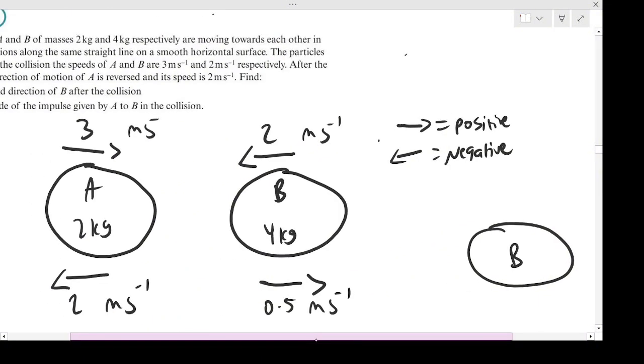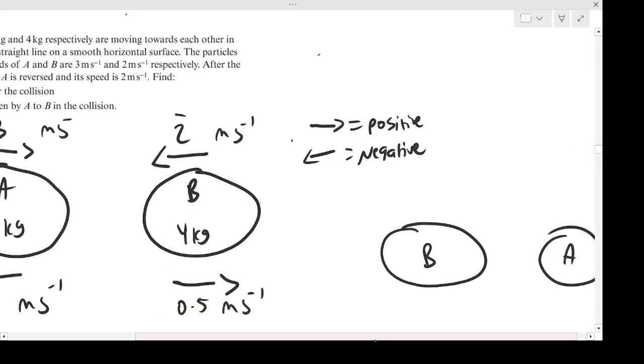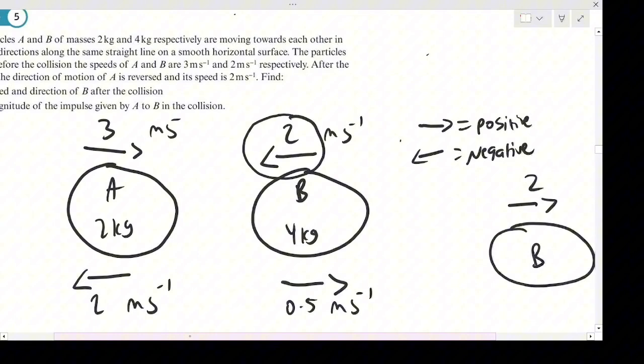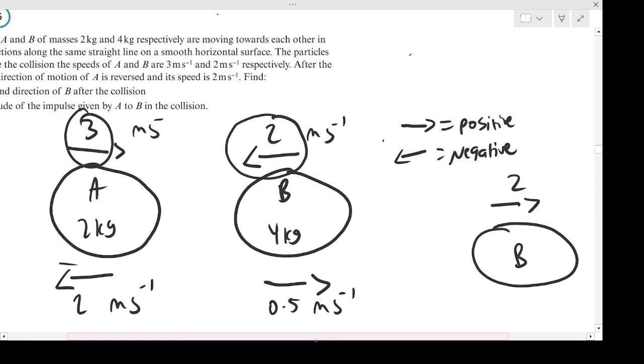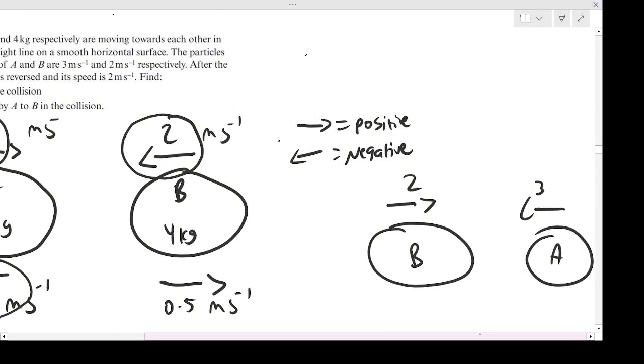If everything flips, B is then going to go towards A with speed 2 and A is going to go towards B with speed 3, sorry. And then afterwards, A is going to go like that with speed 2. And then B is going to flip the other way around at 0.5.